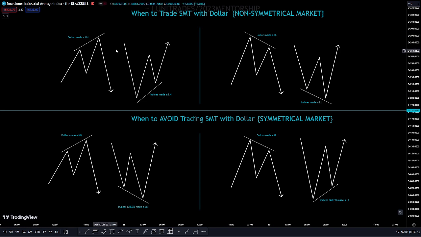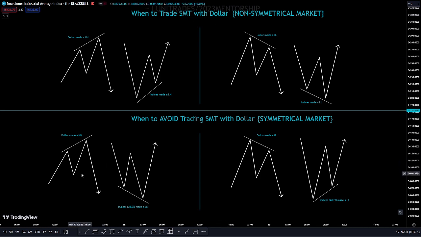So if you see it now, here indices took liquidity but dollar didn't. Here dollar didn't take liquidity, but indices did. That is when you want to trade S.M.T with your dollar.